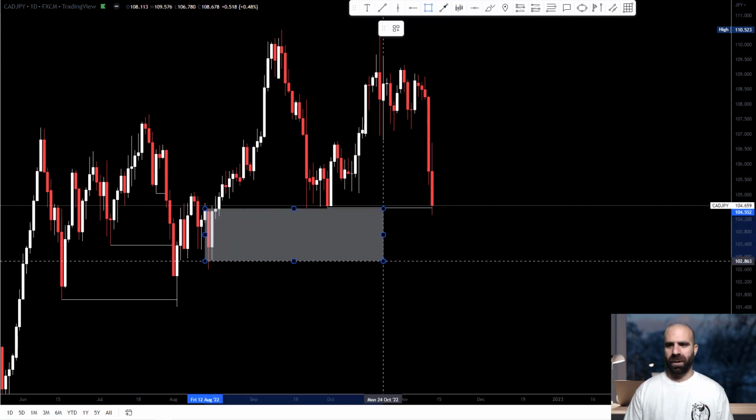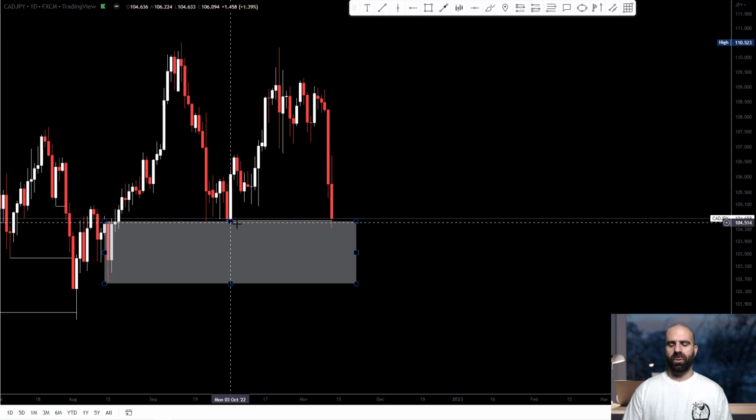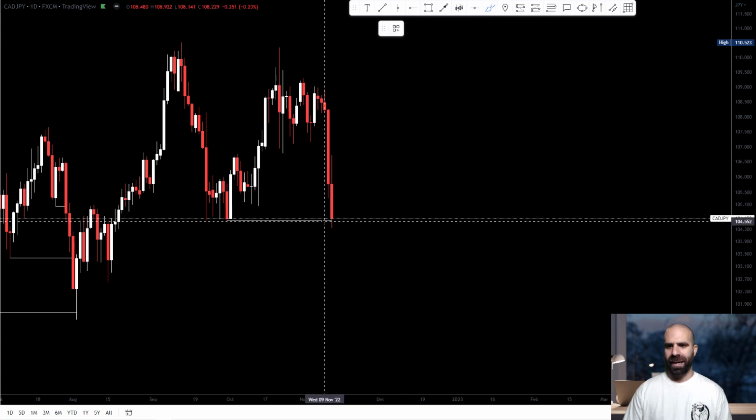So it is very possible. Now that we tested this order block, we grabbed all the liquidity even below this area and this is playing out right now once again.